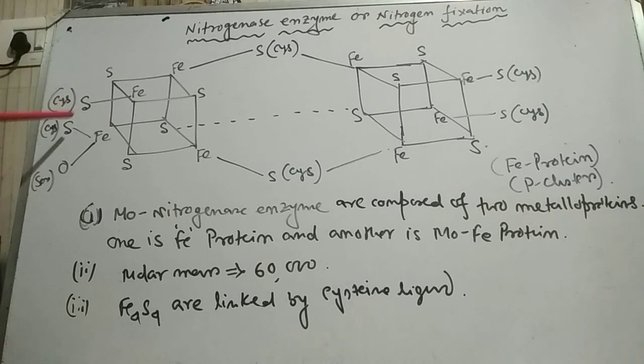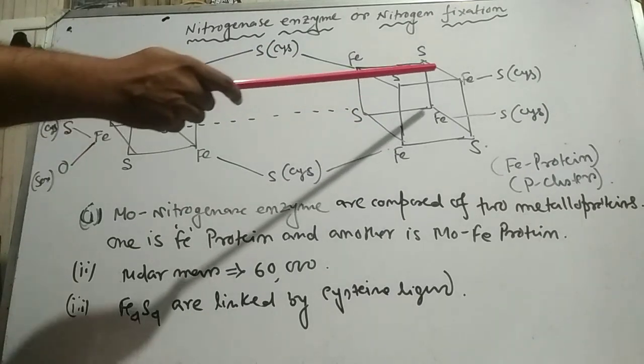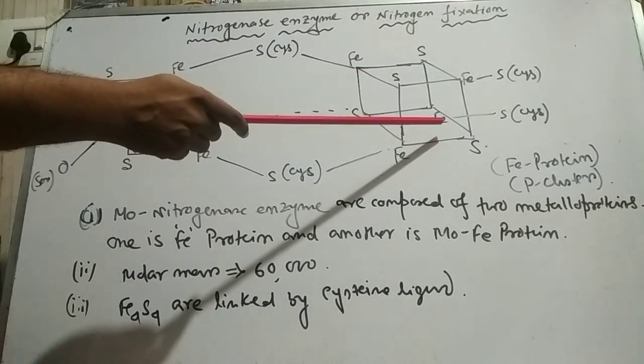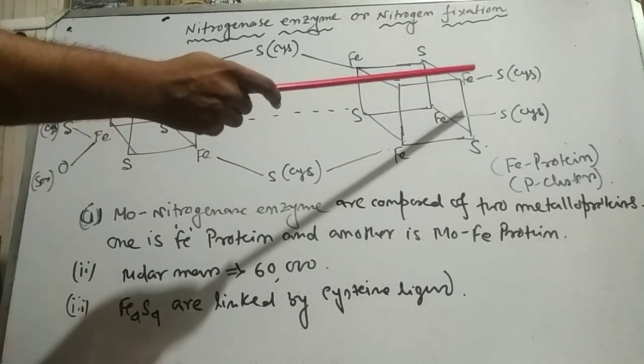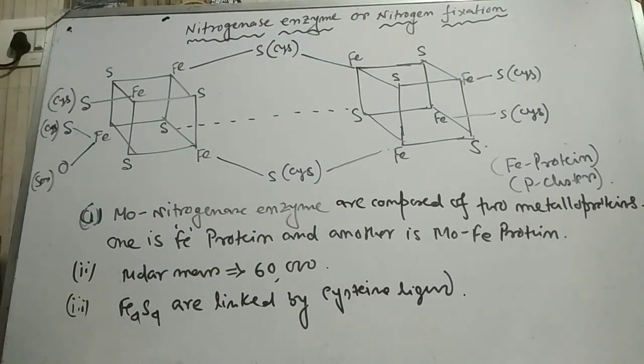Besides cysteine, the iron atom is also linked with the oxygen atom of a serine amino acid. On the other hand, in the other Fe4S4 unit, two iron atoms are linked by the sulfur atoms of cysteine residues.